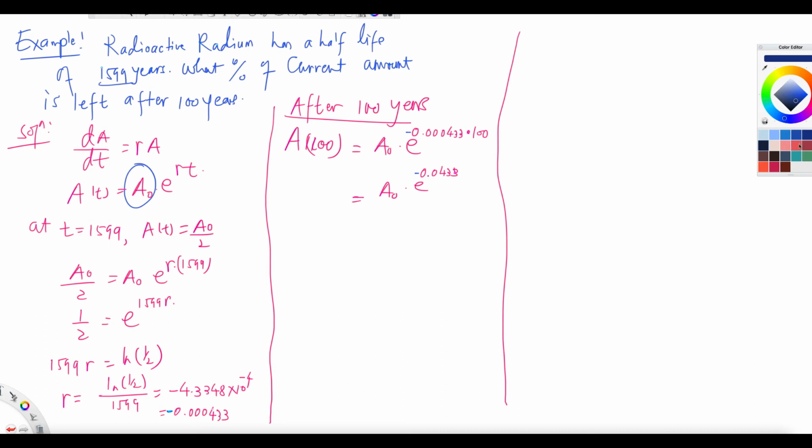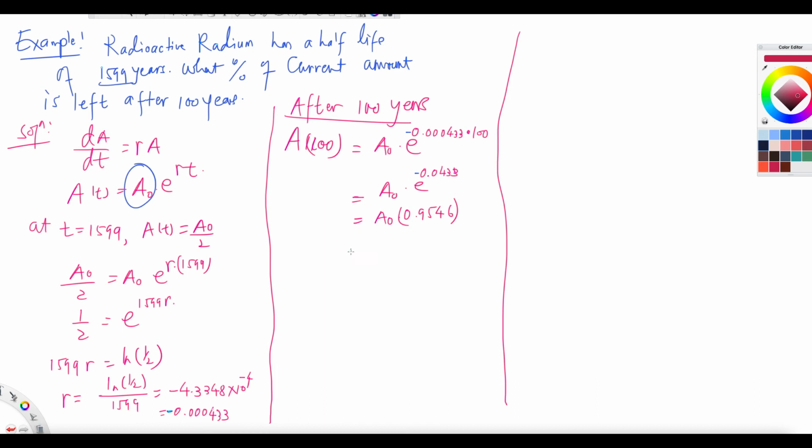What is e to the negative 0.0433? It is about 0.9546, so A0 times 0.9546. That's what you get.